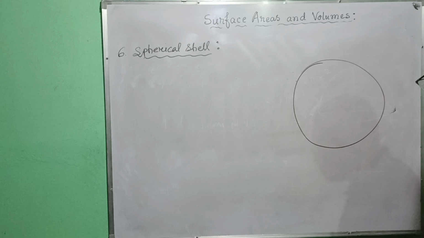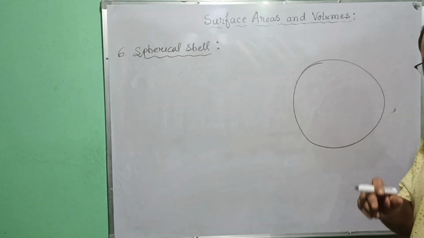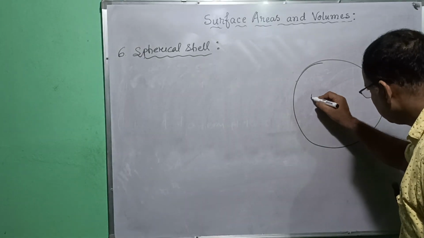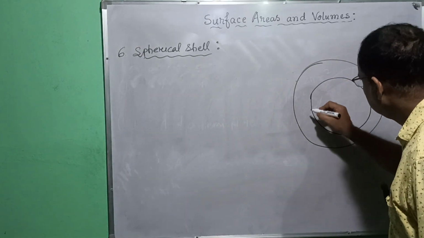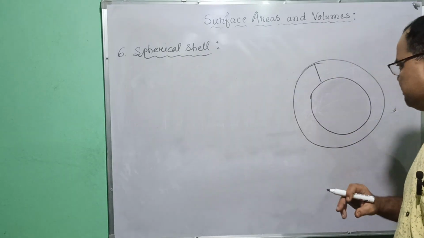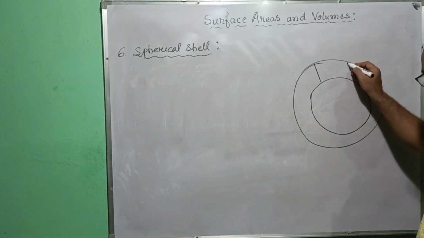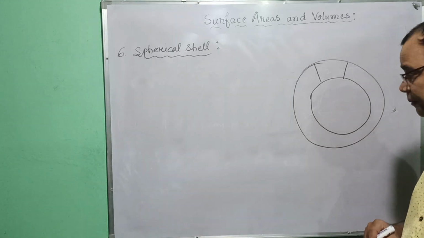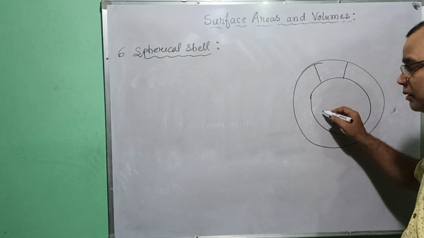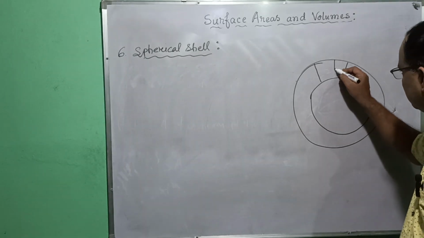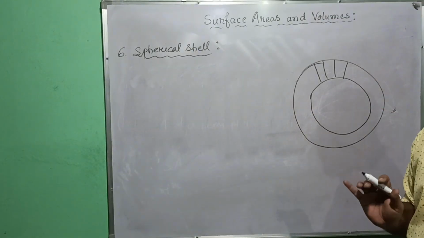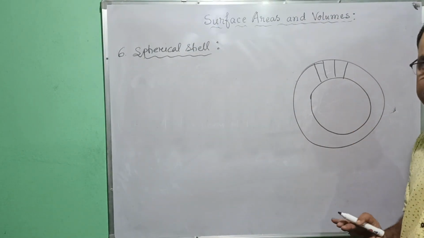The sphere may be solid or may be hollow also. Suppose this is hollow, but there is some thickness, and we cannot ignore that thickness. It is not completely hollow, but some thickness is there. This shape is called a spherical shell.